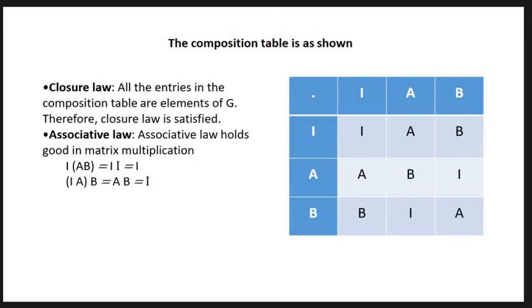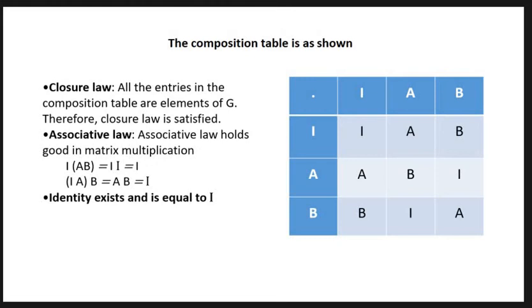Now I into A, interchanging the brackets, (I into A) into B is equal to A into B, which is equal to I. Now you see, I(AB) is equal to I, and (IA)B is also equal to I. Therefore, the associative law is satisfied. Even from the table we can verify this: let us take A into B, which is equal to I into I, which is equal to I.